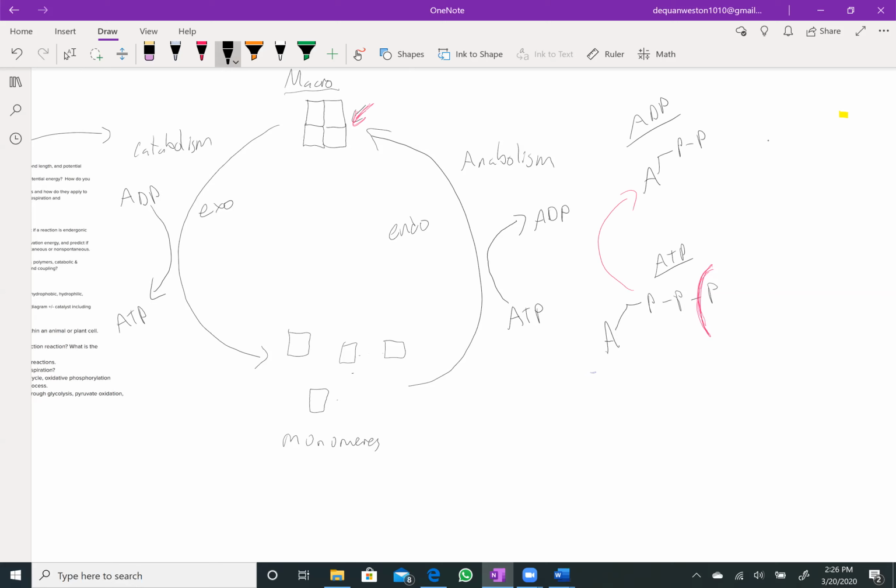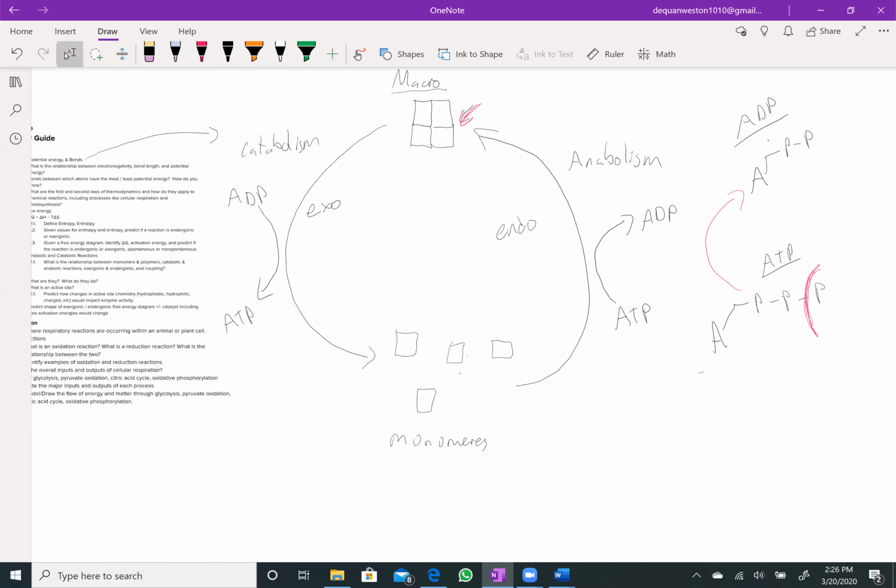When we disrupt one of those phosphate bonds, it releases energy, and this energy can be used to fuel an endothermic reaction, like forming a bond. If you remember the peptide bonds that form between amino acids, that also requires some sort of energy input. You're going to see a lot of things in biology that use this ATP to ADP reaction, and they take energy from that ATP bond.